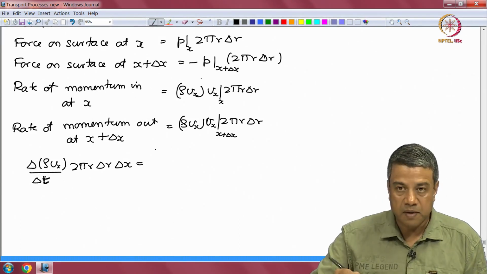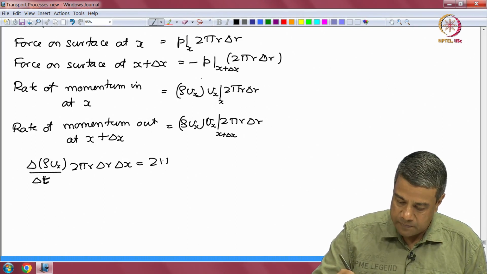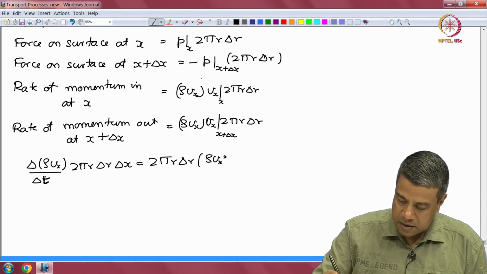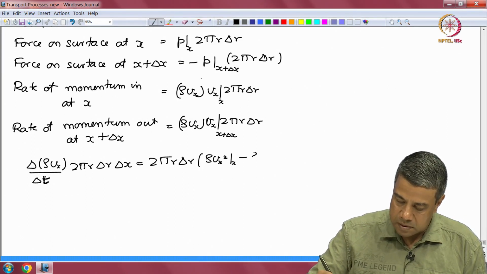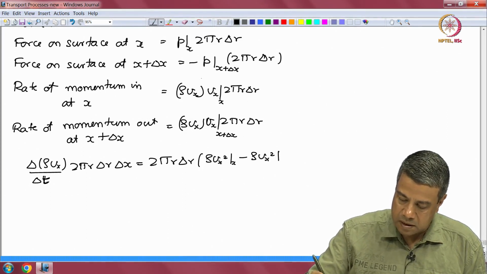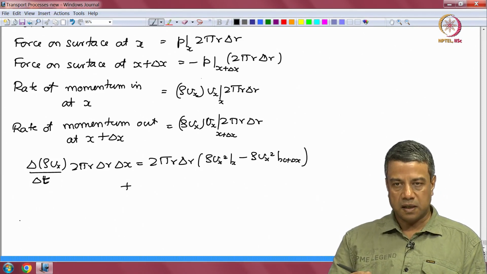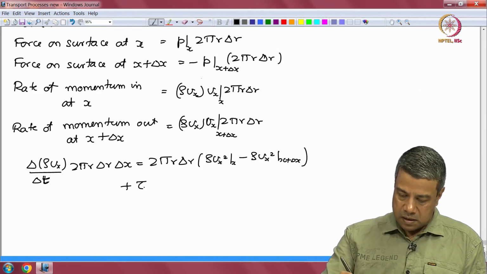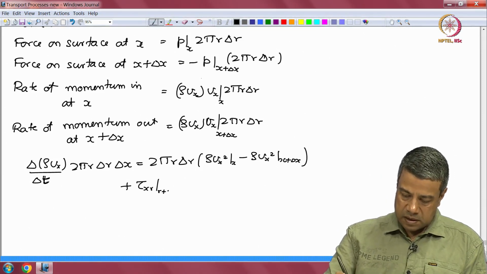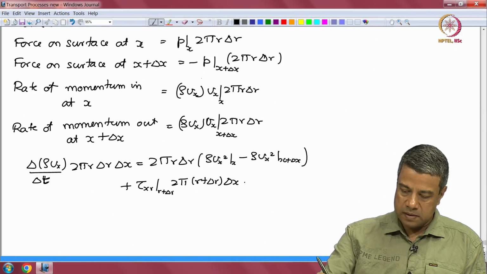Momentum in and momentum out have the same areas: rho v x square at x minus rho v x square at x plus delta x, plus the force on the surface at r plus delta r, tau x r at r plus delta r, 2 pi into r plus delta r, into delta x.